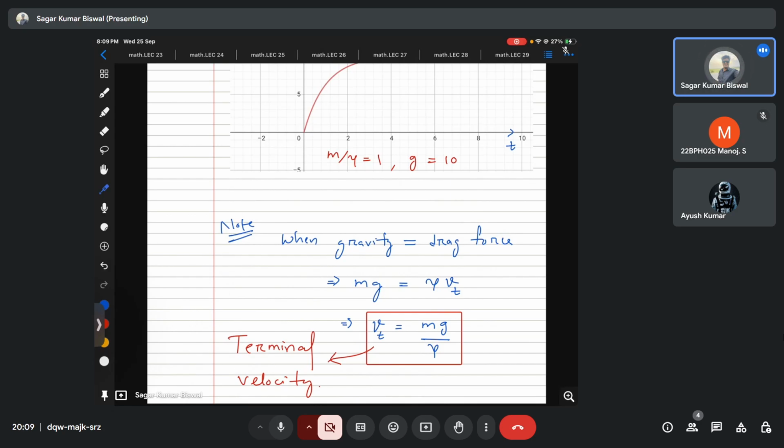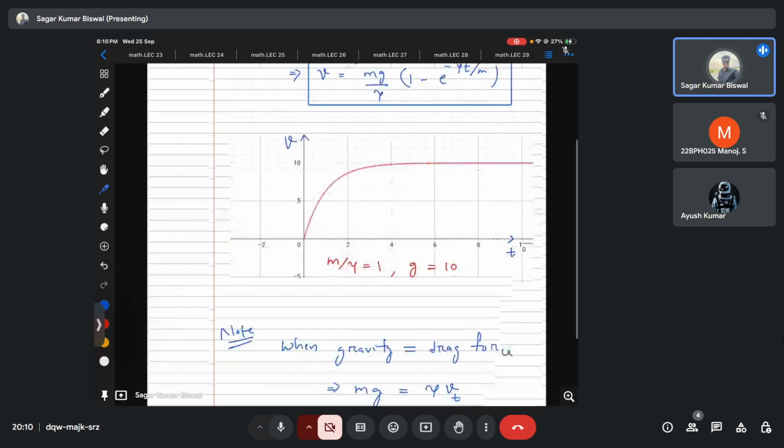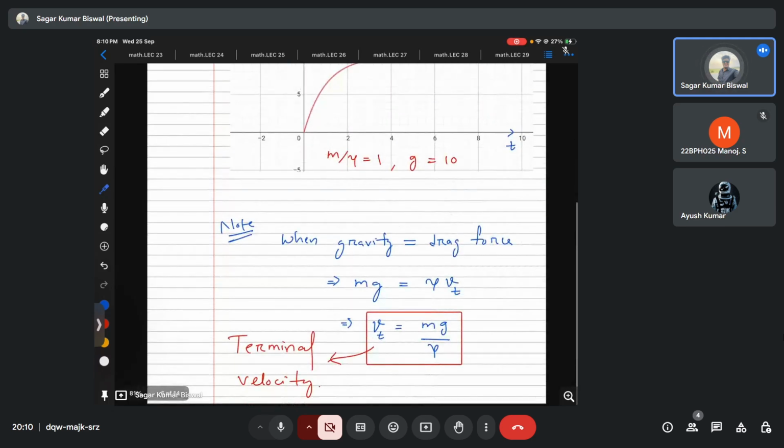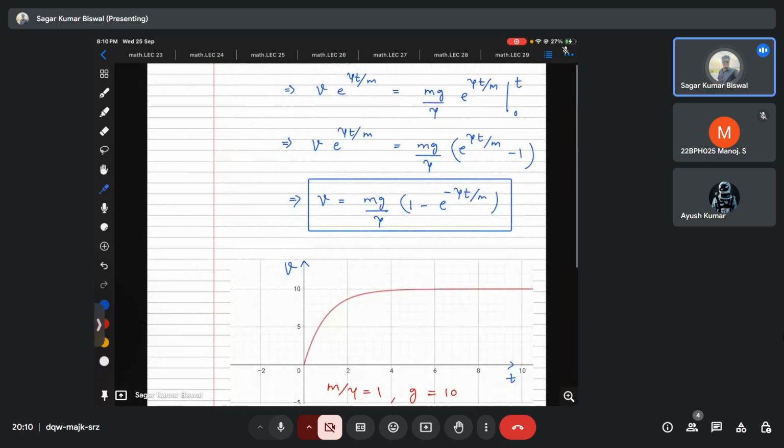So you need to find when the gravity will become equal to the drag force or any kind of resistive force that is present in the system, then that velocity will be known as the terminal velocity. So this Vt is actually mg by gamma. This coefficient present here is actually Vt, or the terminal velocity.